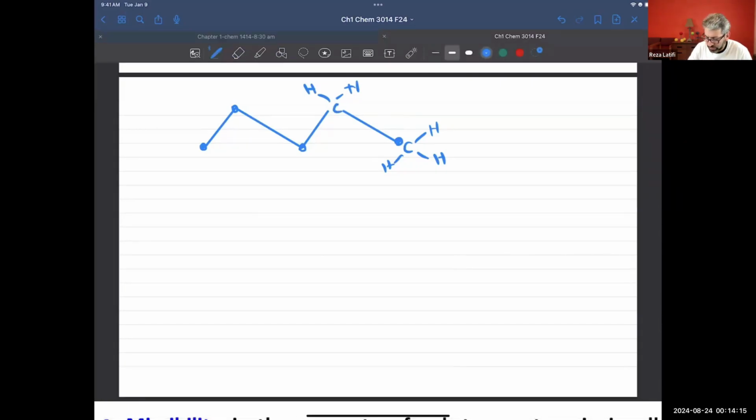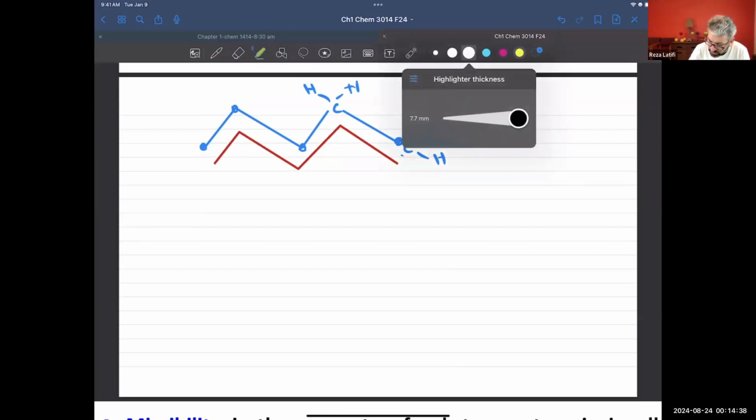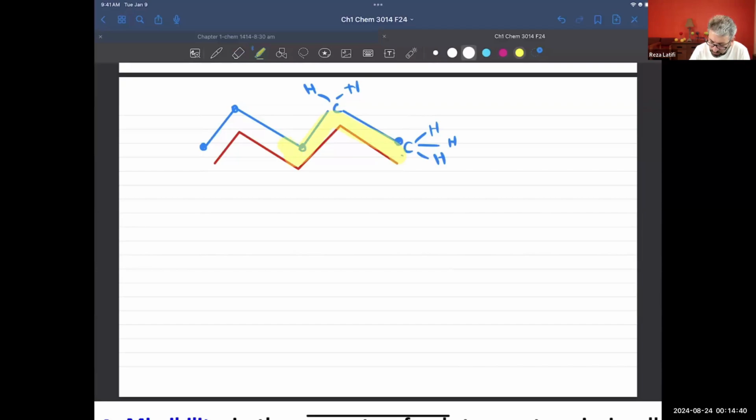I can put the next molecule somewhere here. The entire space will be available for dispersion force or intermolecular interactions. So I'm going to get some interactions here. I have more area for interactions.